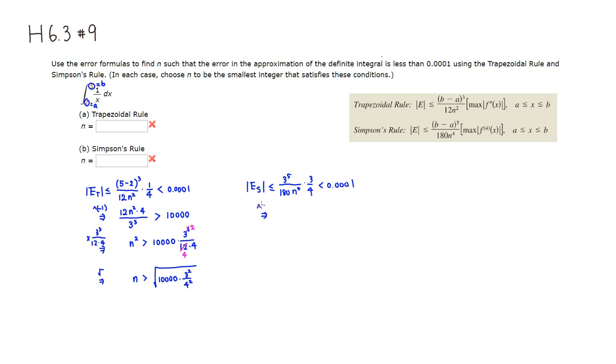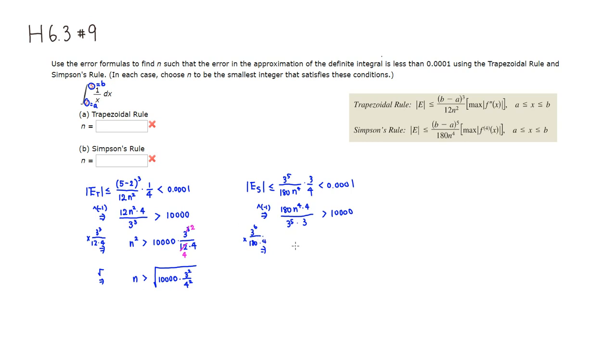Take the reciprocal of both sides. So you have 180 n to the 4th times 4 over 3 to the 5th times 3, and that's greater than 10,000. Then I'm going to get rid of the 3, so that's going to be 3 to the 6th over 180 times 4.